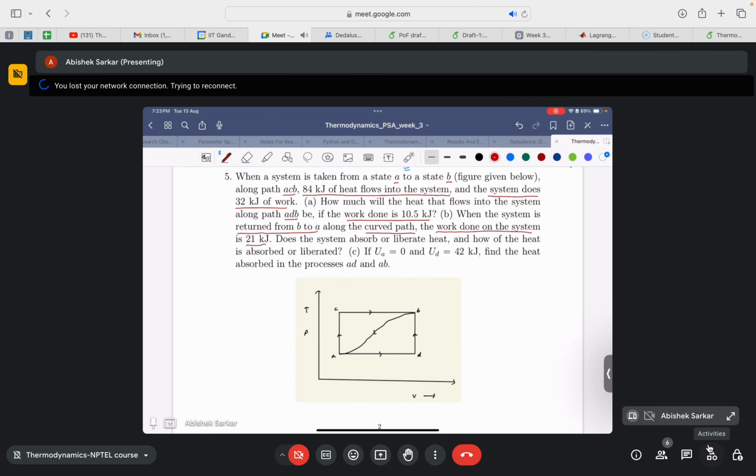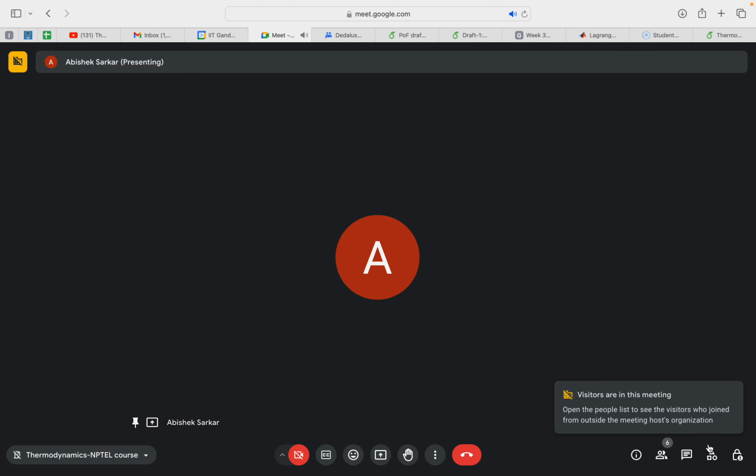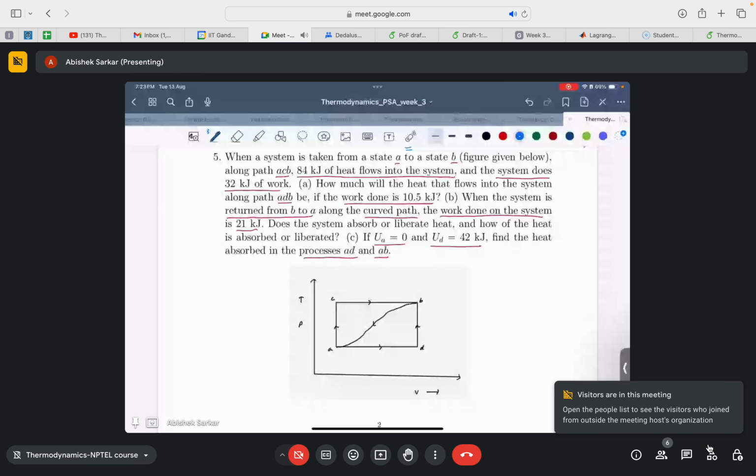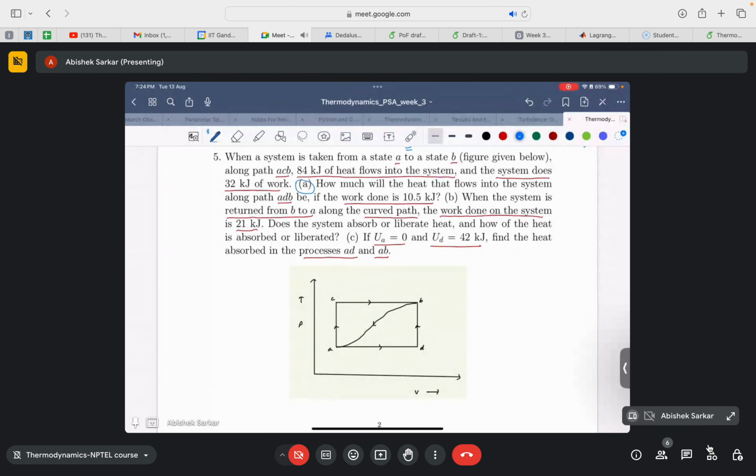So it's a bit lengthy question, so I will suggest that you go part by part. That is, go to part A, then part B and part C, because these are all connected.